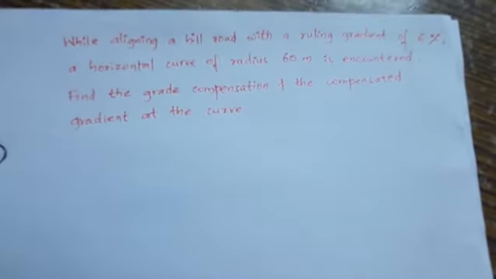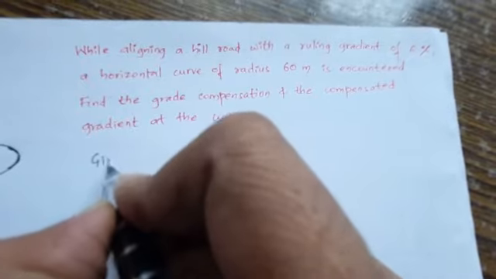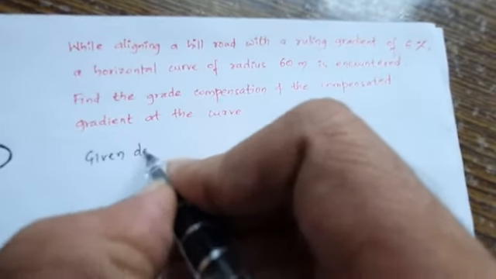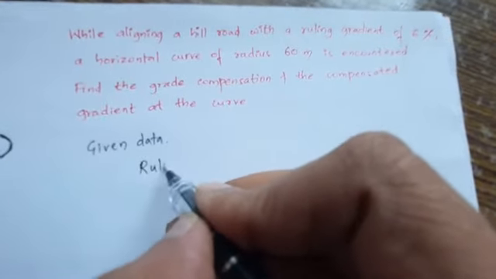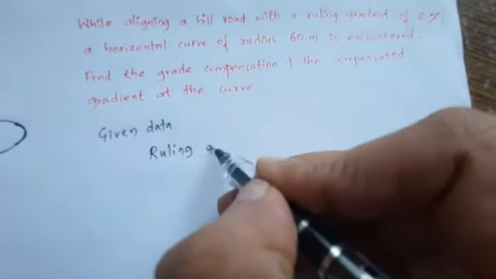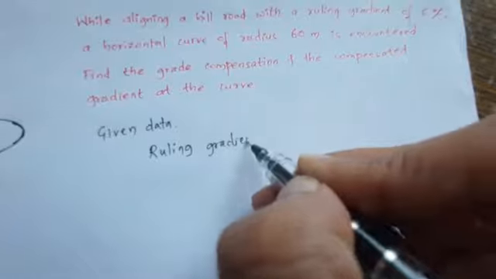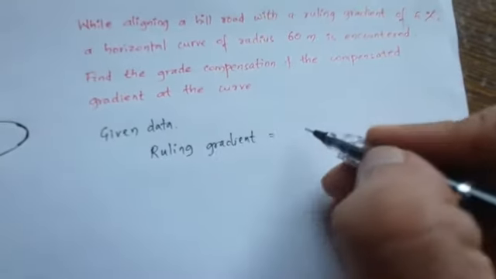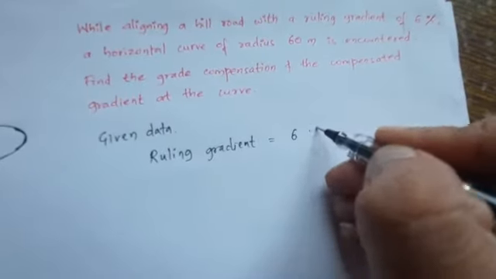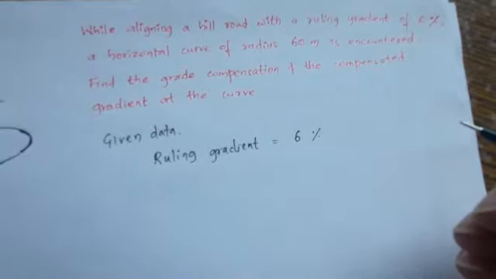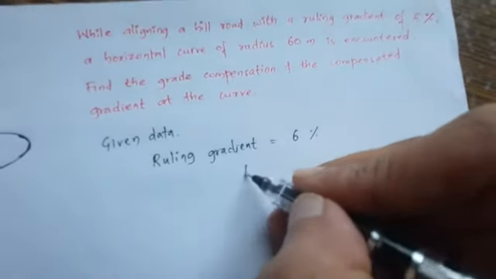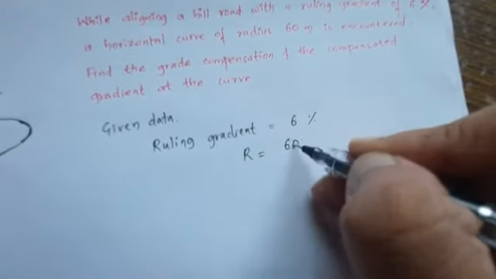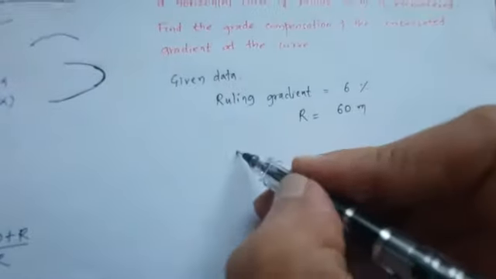So as per the given data, the ruling gradient is equal to 6% and the radius of the horizontal curve is 60 meters.